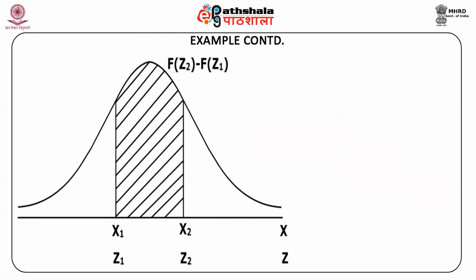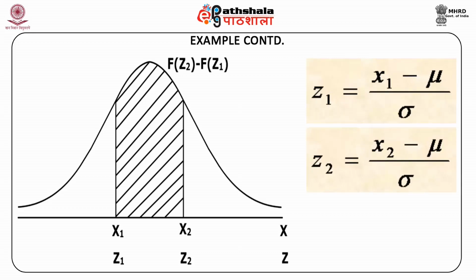Thus to find the probability that x falls within the interval x1 and x2, we first need to convert the normal variable into the standard normal variable and then find the probability that the standardized normal variable z falls within the range z1 and z2, where z1 is equal to (x1 minus mu) upon sigma and z2 is equal to (x2 minus mu) upon sigma. It is explained through the figure.